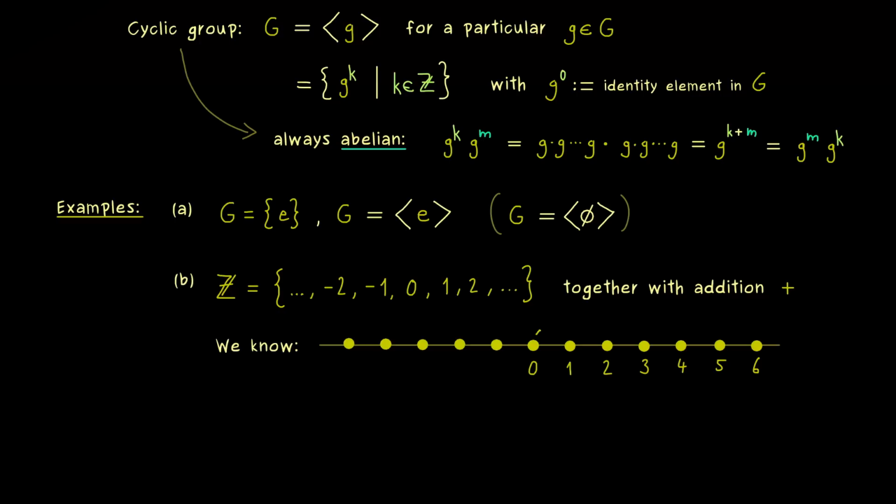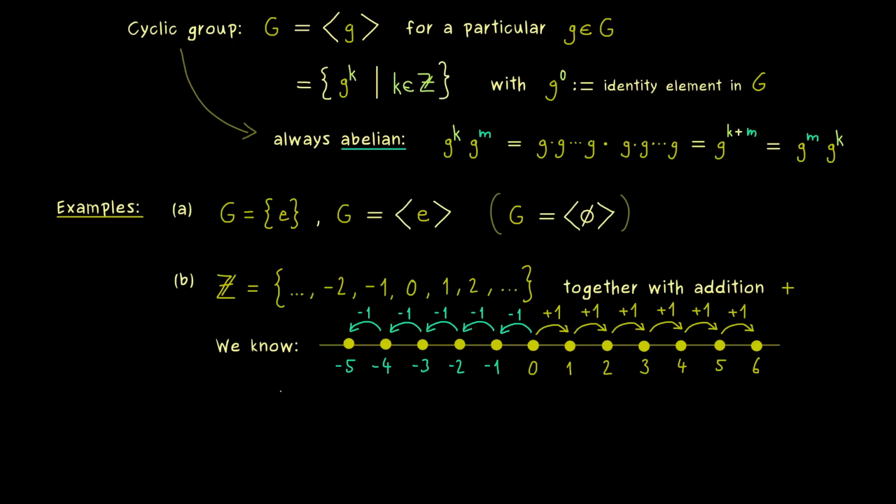Hence, we immediately recognize that the number 1 is exactly our generator. Indeed, it also works the other way around by subtracting 1, so adding the inverse of 1. And that's already the whole proof, you just need to know how the ordinary addition works. Therefore, Z is a cyclic group and generated by the element 1.